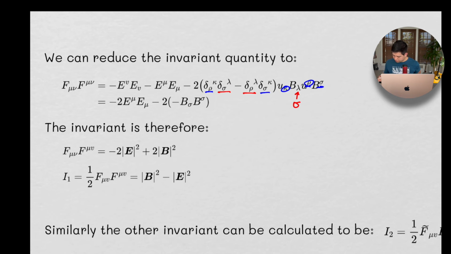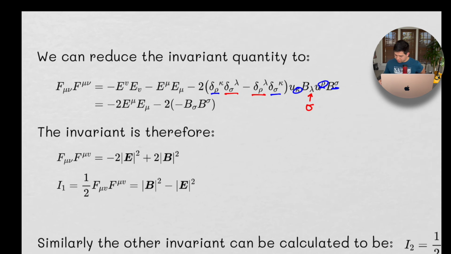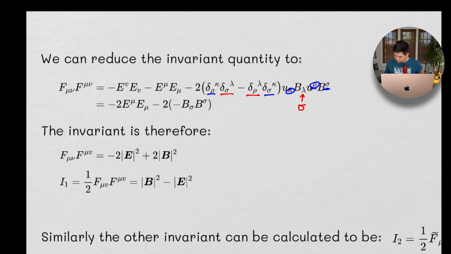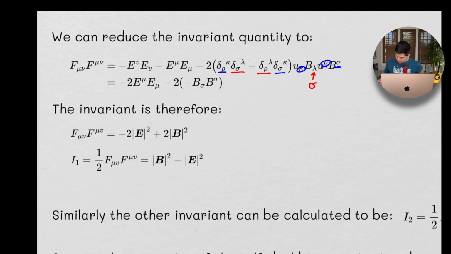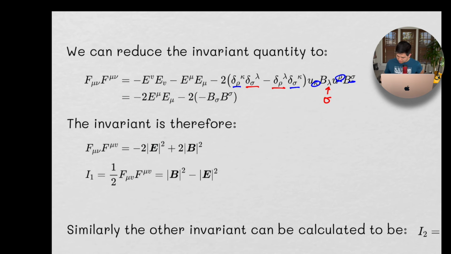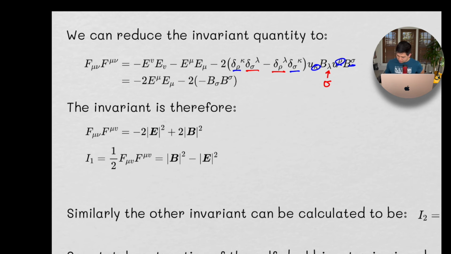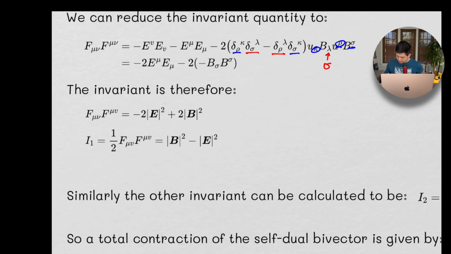And so what this ends up reducing to is all of this. Okay. So we have this. The invariant, therefore, is going to be this guy, right? Because this is b squared, this is e squared, right? So we get this, and then we get the invariant being, this is our first invariant.